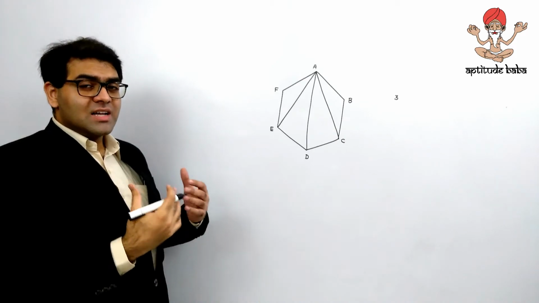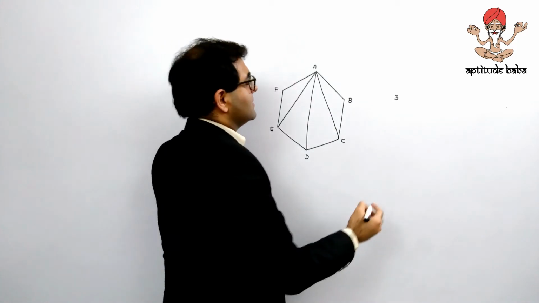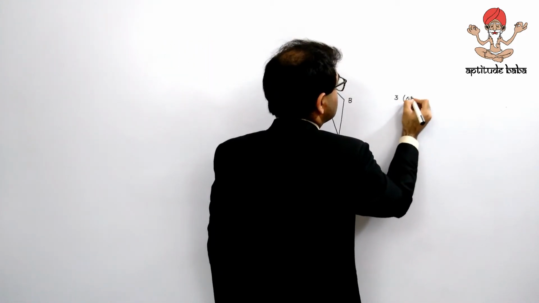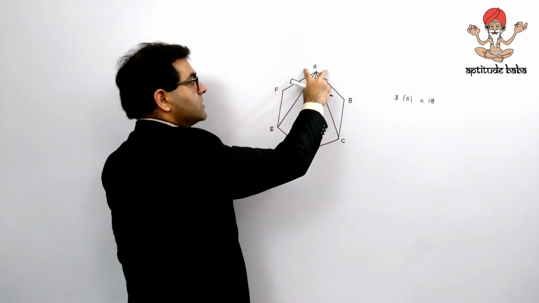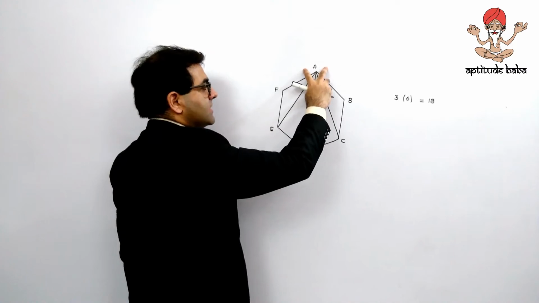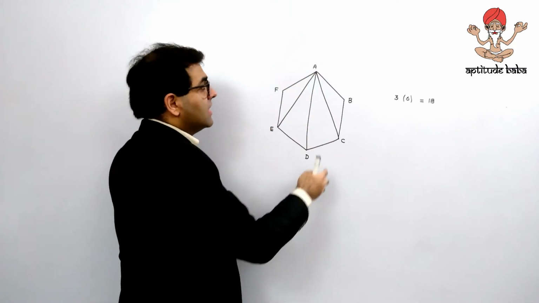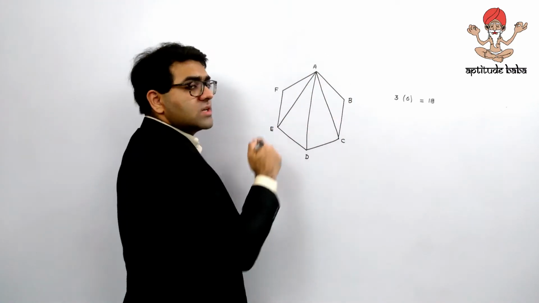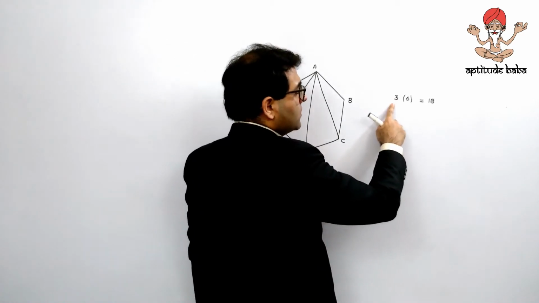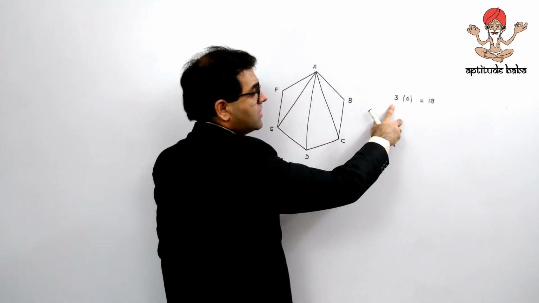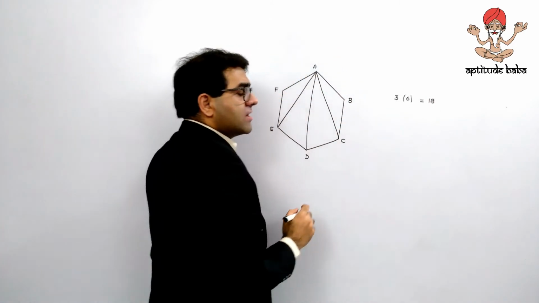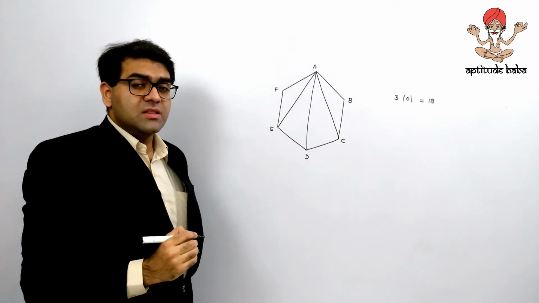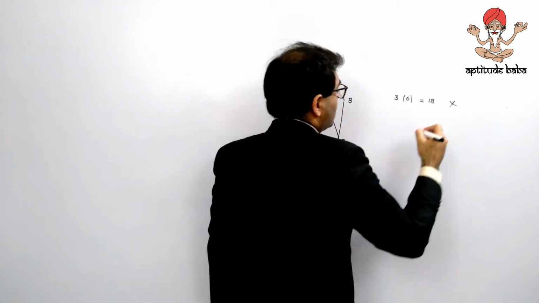The next answer which pops up here is that there are a total of 18 diagonals. Now what's the logic here? The logic is that from vertex A I can draw 3 diagonals and such 6 vertices exist. So if from every vertex 3 diagonals can be drawn and I have 6 such vertices, then the total number of diagonals that I can draw is 18. This is also wrong. Why?